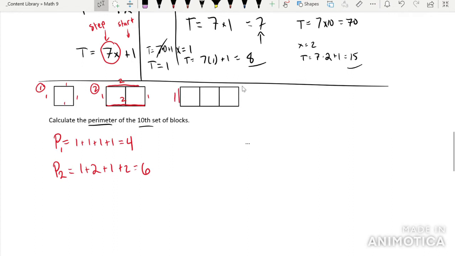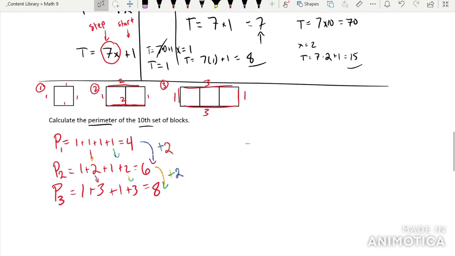Here, I've got 1 for my shape 3, and these ones are now 3 long. So P3 is equal to 1 plus 3 plus 1 plus 3 equals 8. Now, one of the things I notice, 2 of the lengths are changing each time by 1, and the final answer, which is the one that I'm more concerned with, changes by 2.